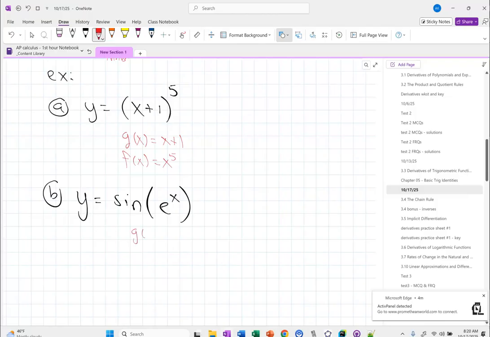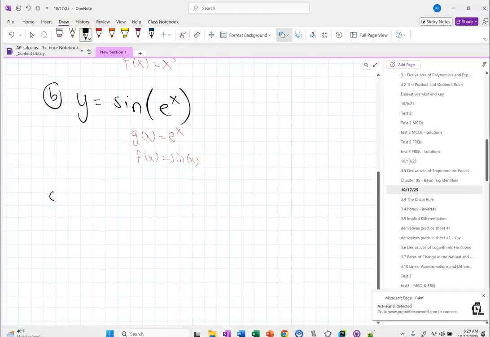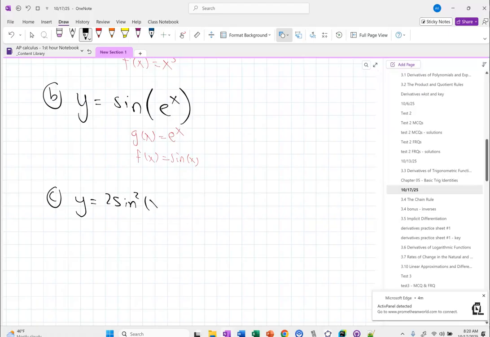Sine x. I'm going to start making it trickier here as we go.